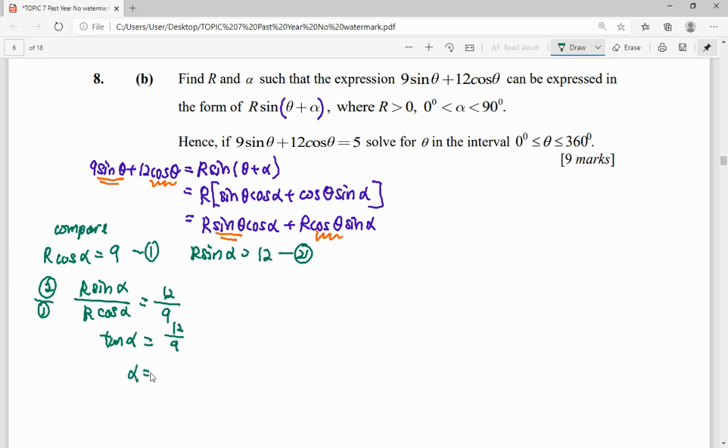So for our alpha, we will move our tangent to the right hand side. And our alpha is in degrees. So our answer can be 53.13 degrees.